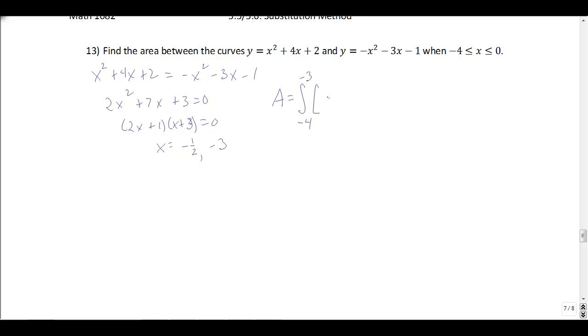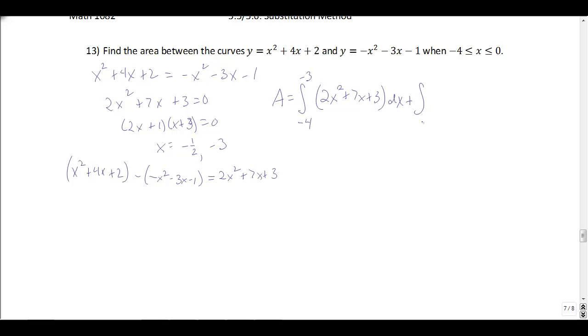So let's do, off to the side here, x squared plus 4x plus 2, and let's subtract negative x squared minus 3x minus 1. That's going to give me 2x squared plus 7x plus 3. Same thing as up here. So this one is going to be 2x squared plus 7x plus 3 dx.